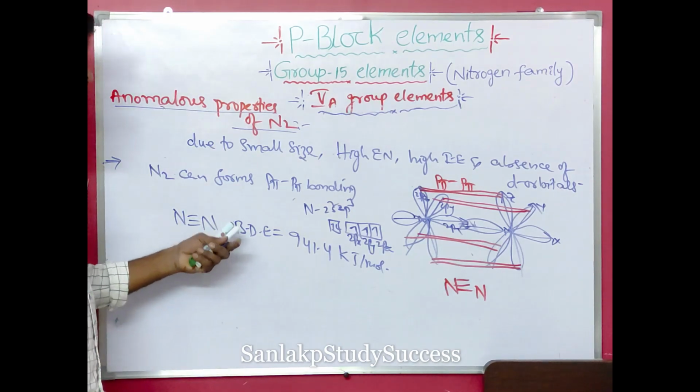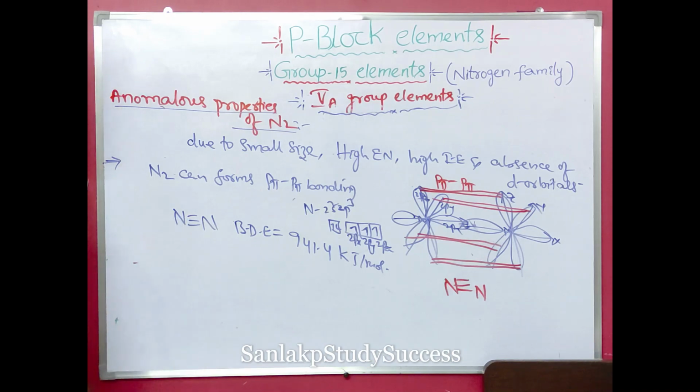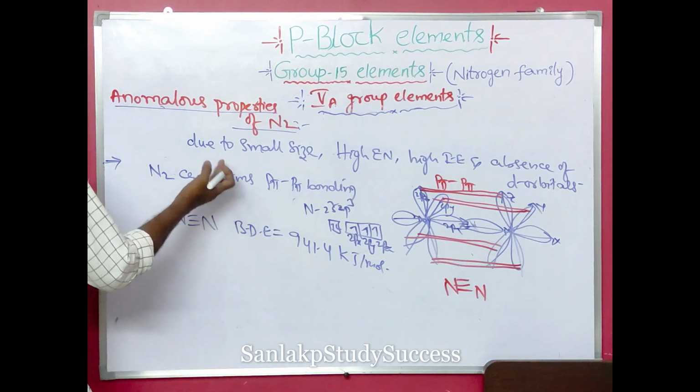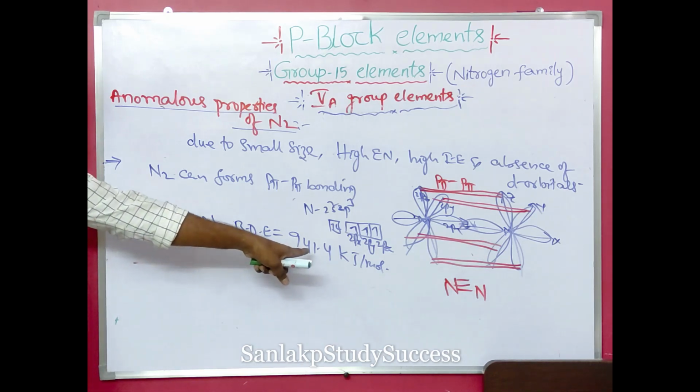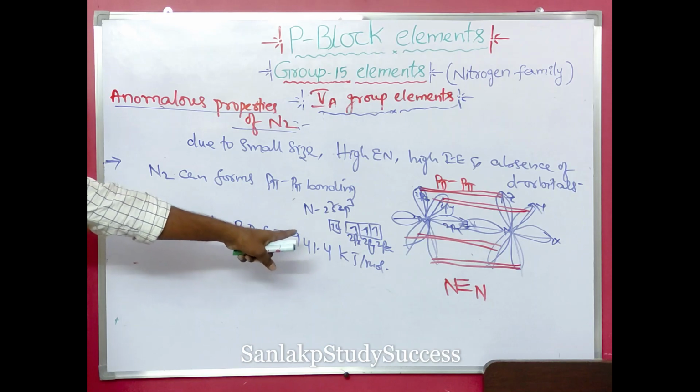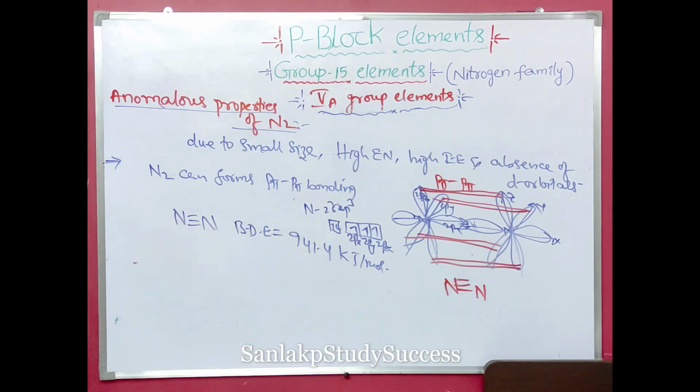Due to its high bond dissociation energy, containing 3 bonds, a high amount of energy is required to break these 3 bonds, that means 941.4 kilojoules per mole. So it is more stable and less reactive at room temperature and normal conditions.